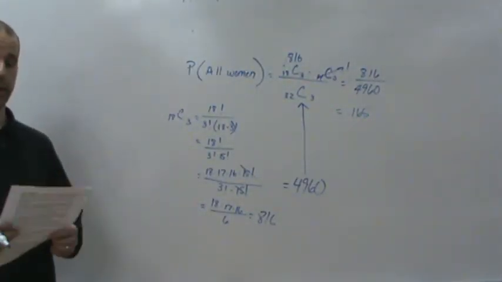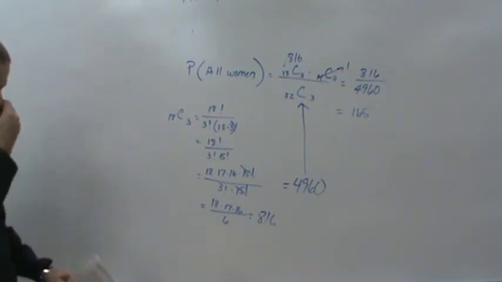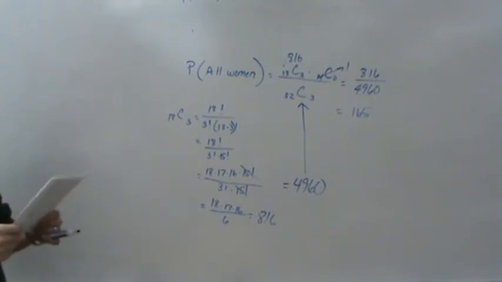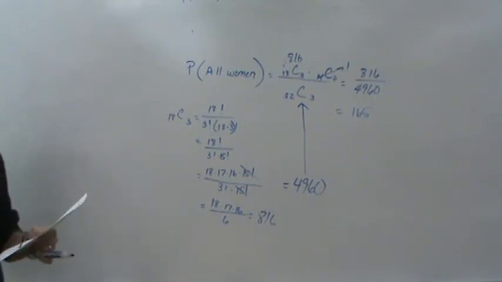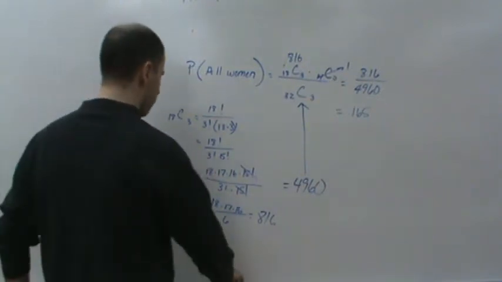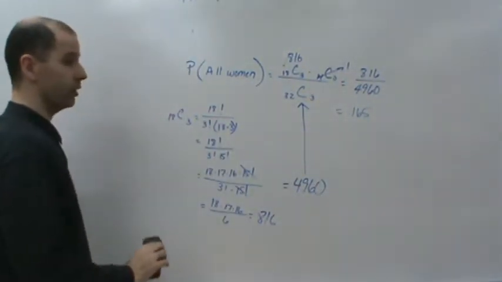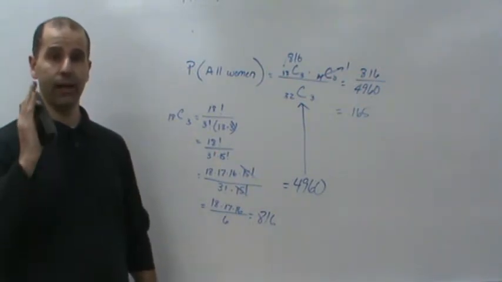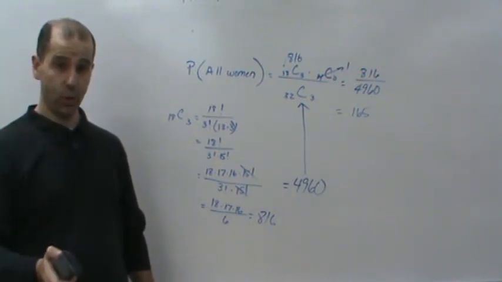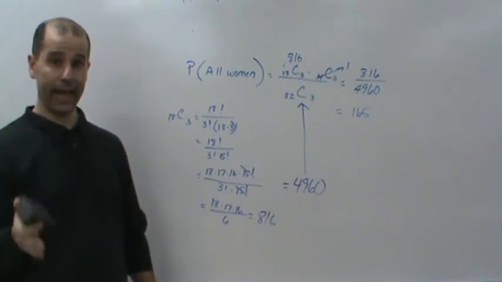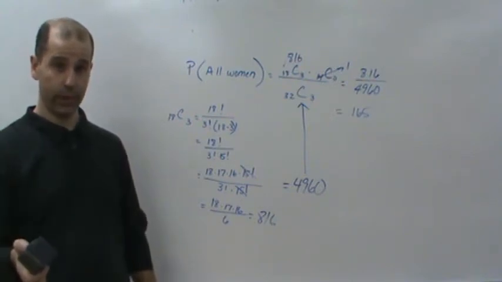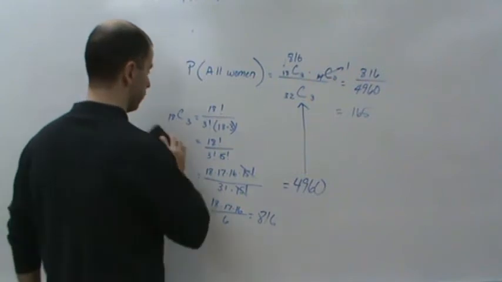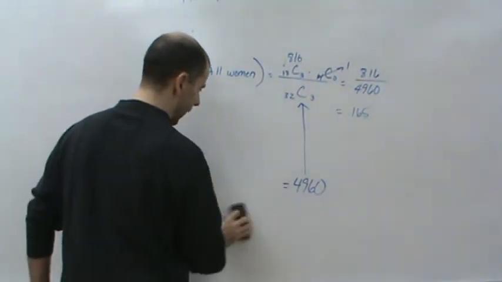Okay? Now, what if I said, what's the probability of having at least 2 women on the committee? Well, I would have to consider what cases. I would have to have exactly 2 women or exactly 3 women. Okay? So now, how would I do that?